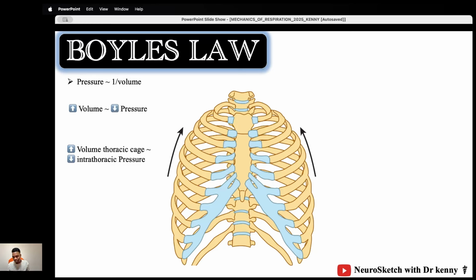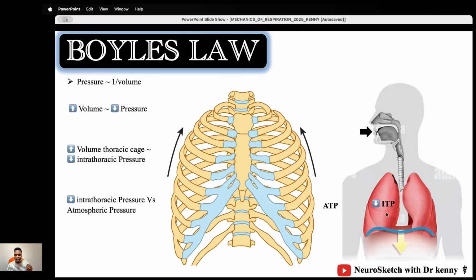So why is it significant? It is important because the intrathoracic pressure now becomes lower than atmospheric pressure, and what happens is we create a pressure gradient, a difference in the pressure between the atmospheric pressure and the intrathoracic pressure. Some people would refer to this as a negative pressure, because it goes down below the atmospheric pressure.